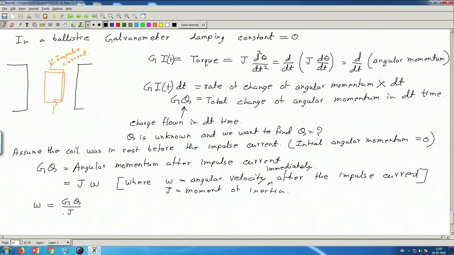Okay. So if this is the angular velocity, then how much kinetic energy do we have immediately after this charge has flown, this current has flown?